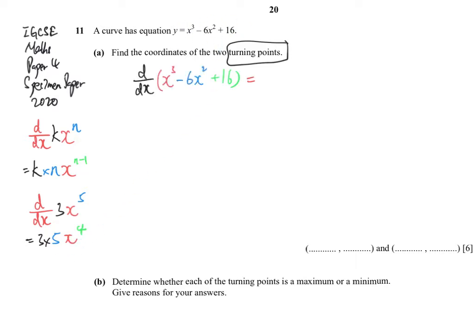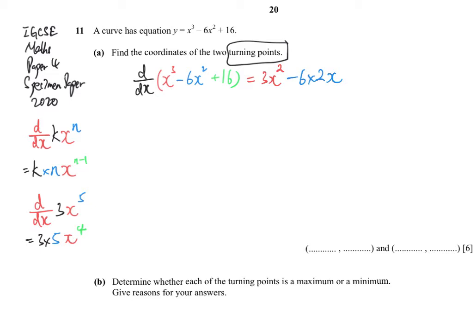We do it separately. The first one, the red one, will be 3x to the power 2 decreased by 1. The next one, the blue one, will be -6 first, the constant out, and then the index 2 times 2, and the degree decreased by 1, so it will be x to the power 1, but normally we won't write the 1. How about the green one?